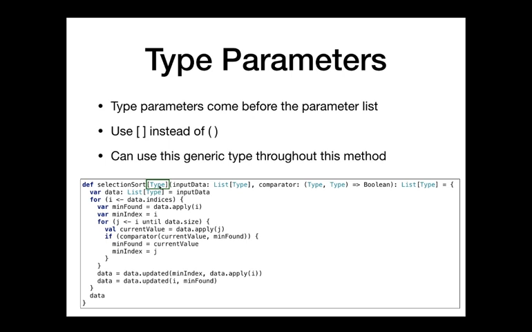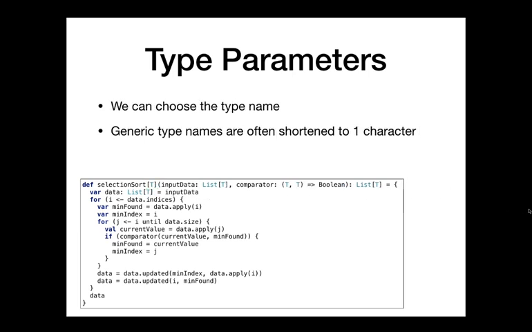So if somebody specifies a type, maybe they want int to get the behavior that we had before, then they have to give us a list of ints, a comparator that takes two ints, and this is going to return a list of ints. So we can specify all that at runtime. And most of our code is the same. I just compacted it a little more. The only difference is we create a list of whatever type we get at runtime, not caring what that type is.